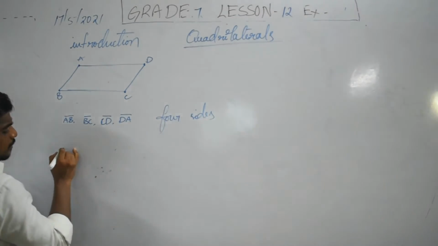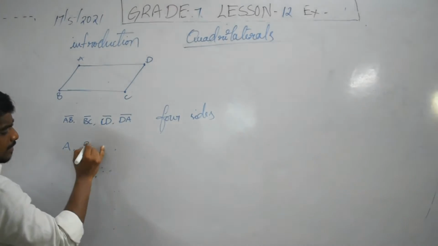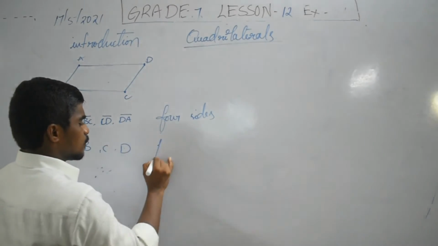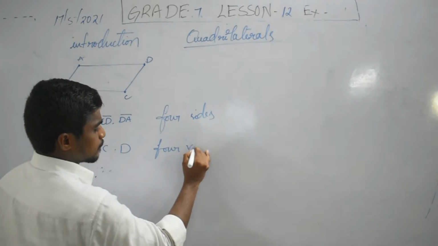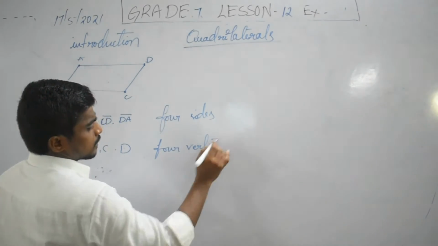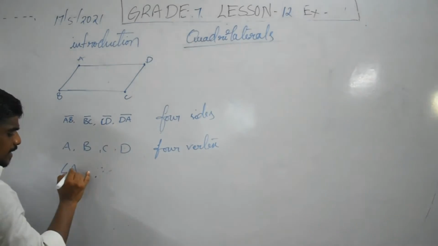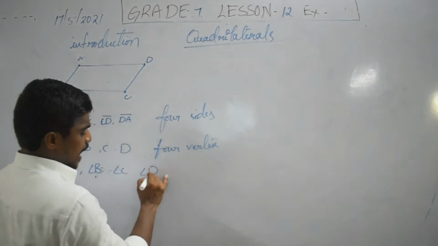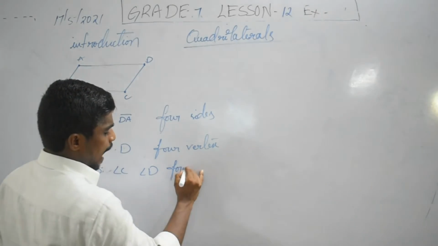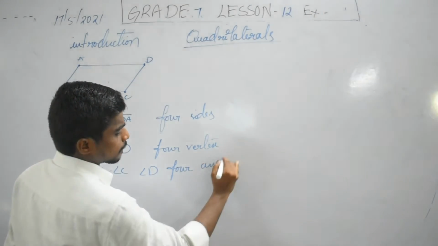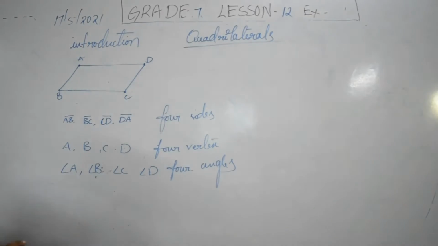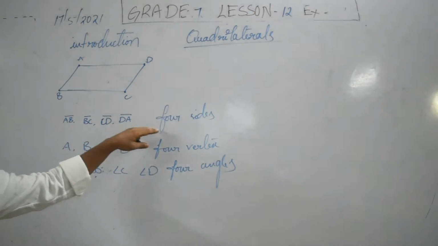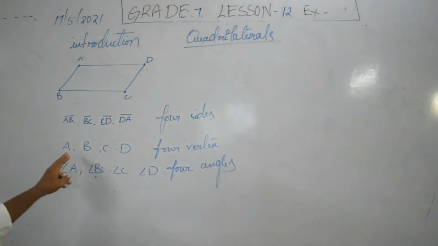Next, A, B, C, D, four vertices. Next, angle A, angle B, angle C, angle D, four angles. Now here AB, BC, CD, DA, four sides.